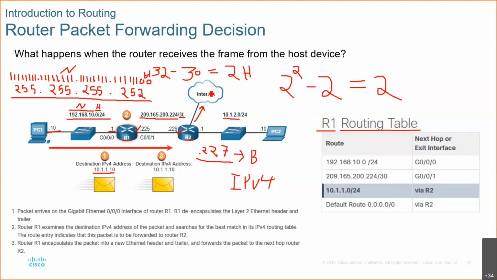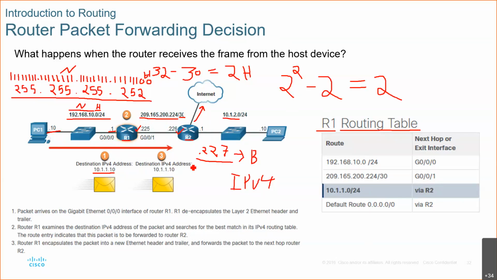So that's how the R1 table works. The route that comes from this network, the next hop is the G000 interface. If you want to go to this network, it is the G001 interface.